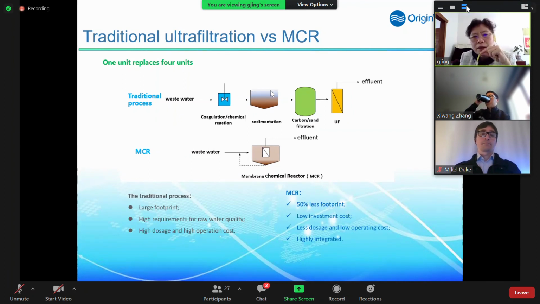Talking about only these membranes, I think now we try to minimize the cost for the application. For example, for the MBR process, we developed those membranes to minimize the price.